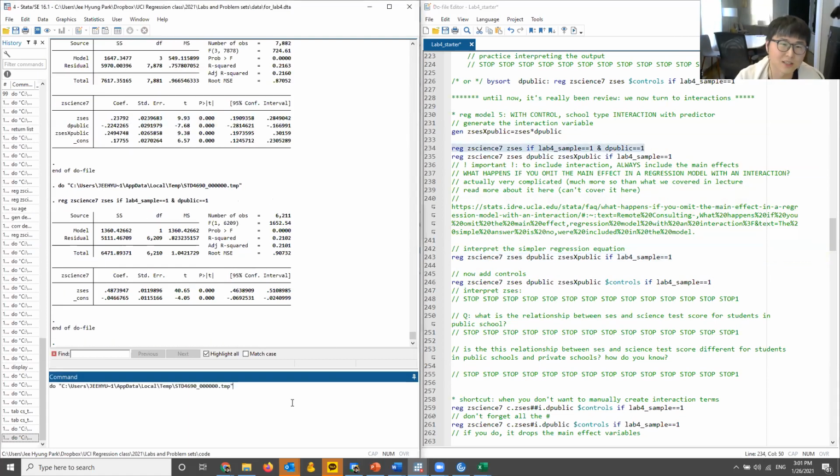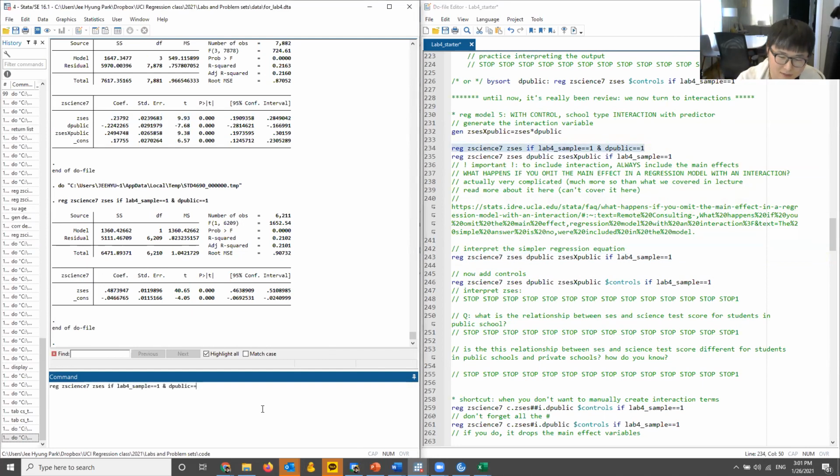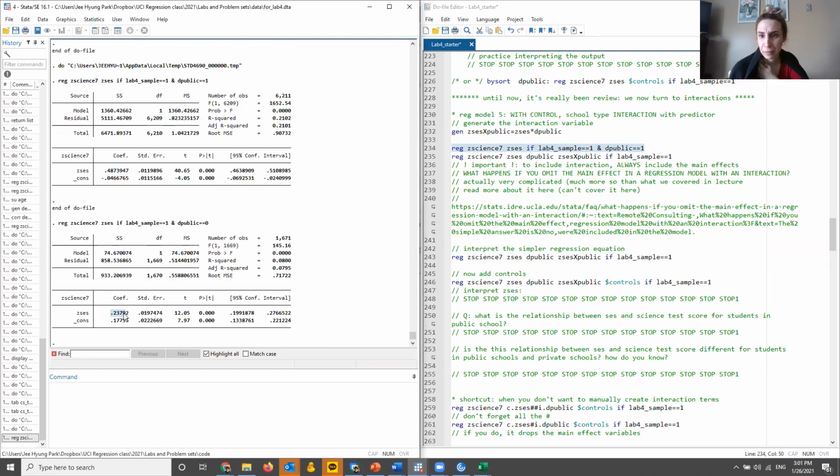Your question is, we run this regression and we'll run it again for private and for public, and you get these nice coefficients. Why bother? So we know that there's this difference, right? This one's larger, this one's smaller, and the difference is something like 0.25.